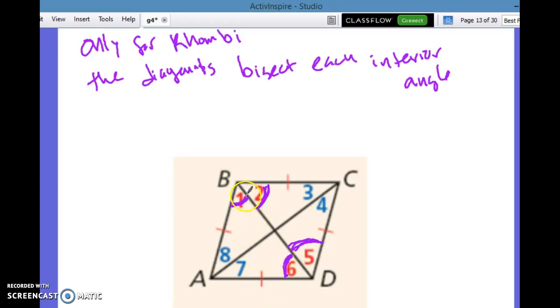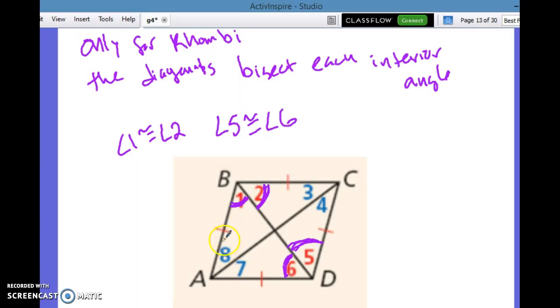And in fact, since it has the properties of a parallelogram saying that angle B and angle D are the same, each one of these angles, in turn, will be congruent to one another. Angle 1 will be congruent to angle 2. Angle 5 will be congruent to angle 6. And it's pretty easy to see we'll have the same properties with 3, 4, 8, and 7.